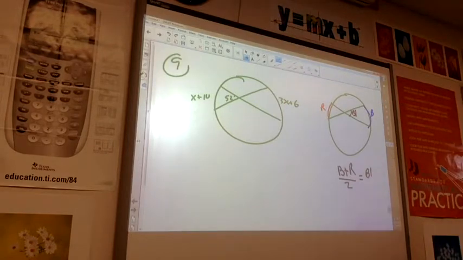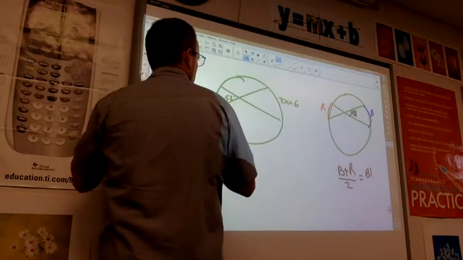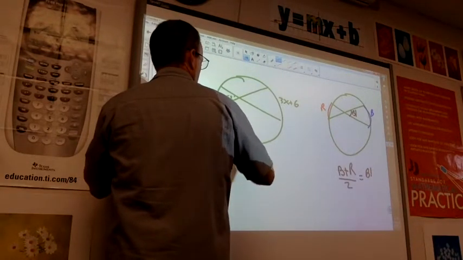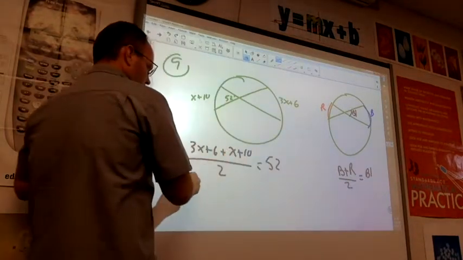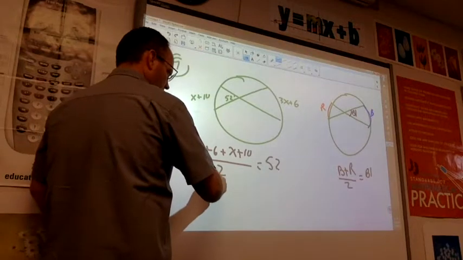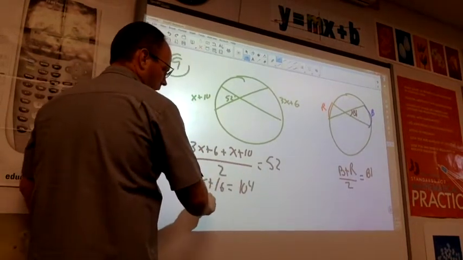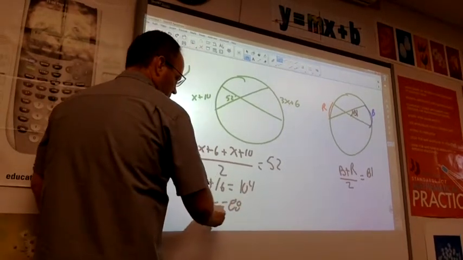So it's going to be this plus this, so 3x plus 6 plus x plus 10 over 2 is equal to 52. Combine like terms, that's 4x plus 16 equals 104. So 4x is equal to 88. x is equal to 22.